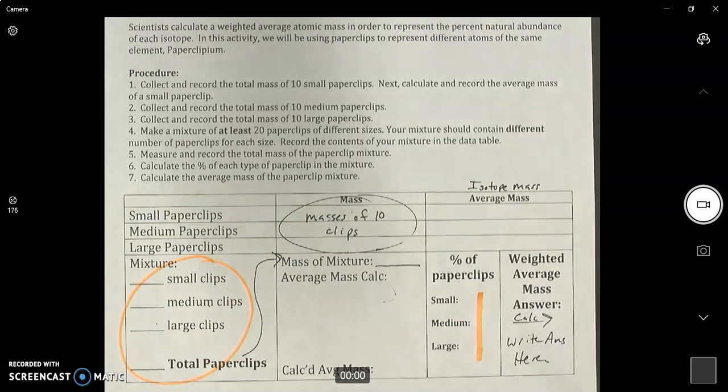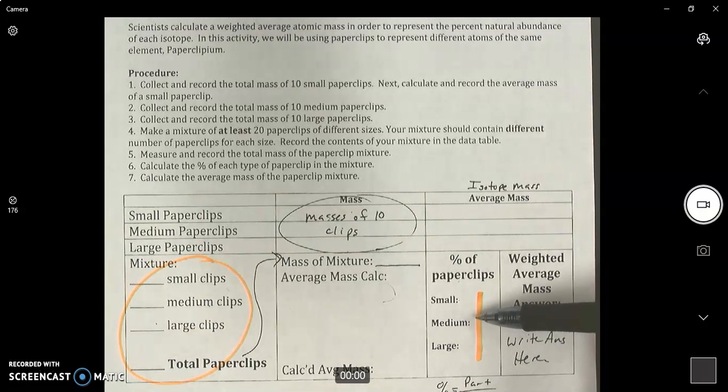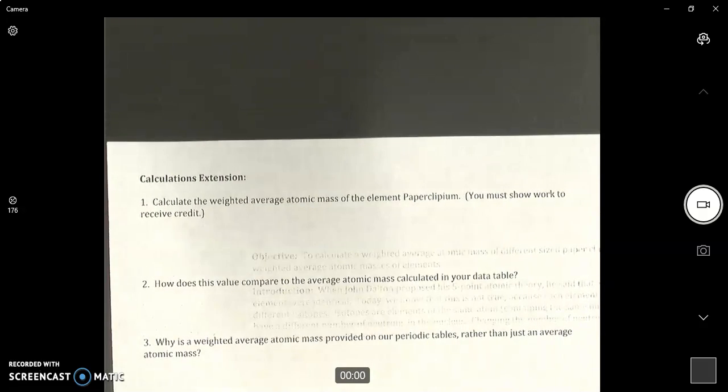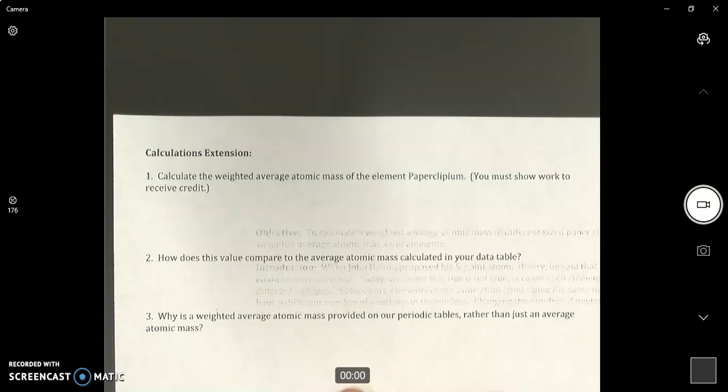And remember, a percent is simply the part over the whole. Percent is equal to the part over the whole. That'll give you your percent. Then you'll have your percentages and your isotope masses, and you can plug those in over here when you do your weighted average calculation for the mass.